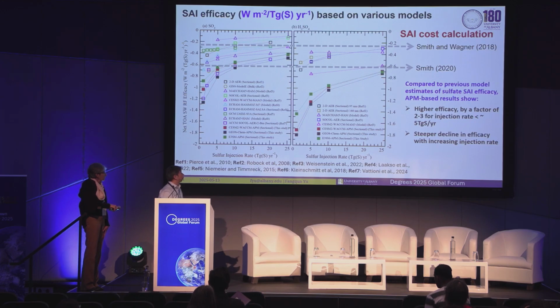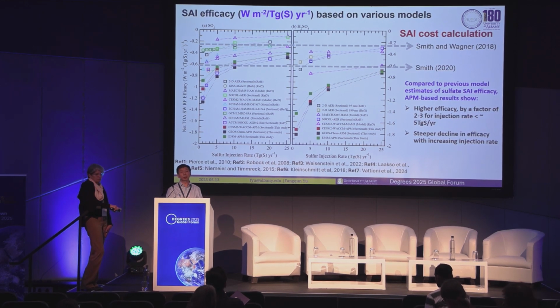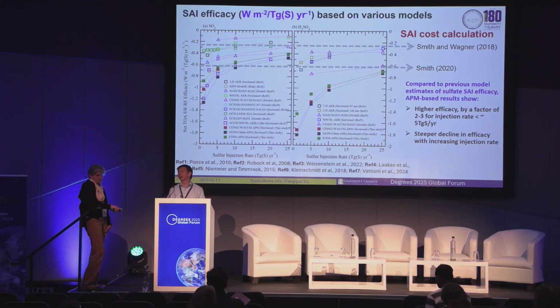Your second question about validation is very important. For SAI, we do not have measurements yet, so the only validation we have is probably volcanoes. We want to use volcanoes to see how the model does, but we also need to be cautious. A volcano is different from SAI. With a volcano, you inject material very quickly in a very short time.